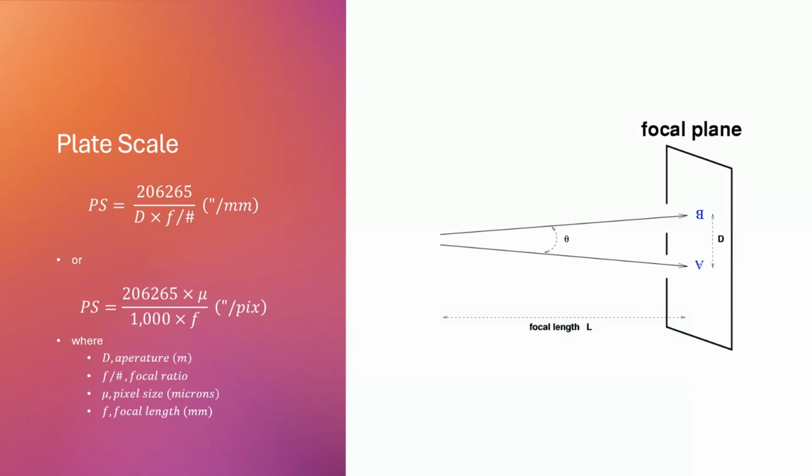So if you were to build a camera, hopefully you're going to build a camera, generally speaking, with a specific goal in mind, a specific science plan. And that is going to require a certain resolution associated with it, more than likely.